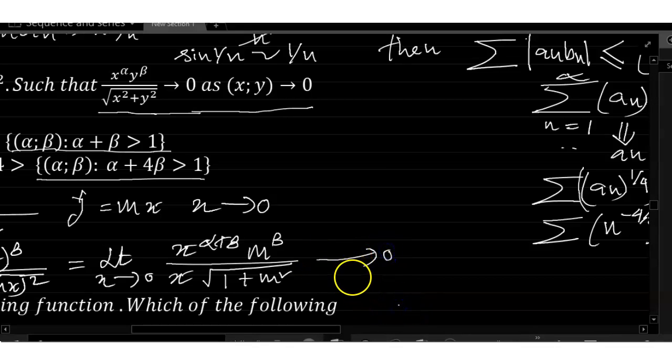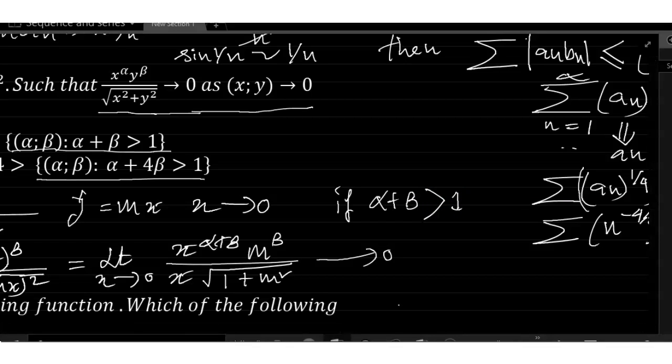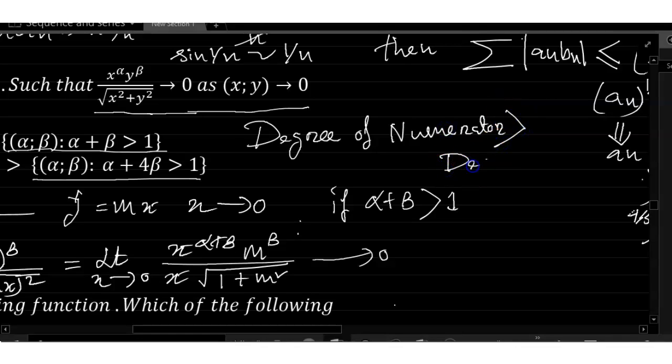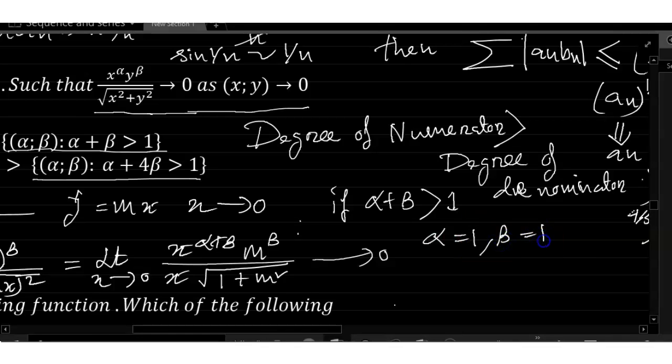It tends to 0 if alpha plus beta is greater than 1, because the degree of the numerator is greater than the degree of the denominator. So alpha equals 1 and beta equals 1.